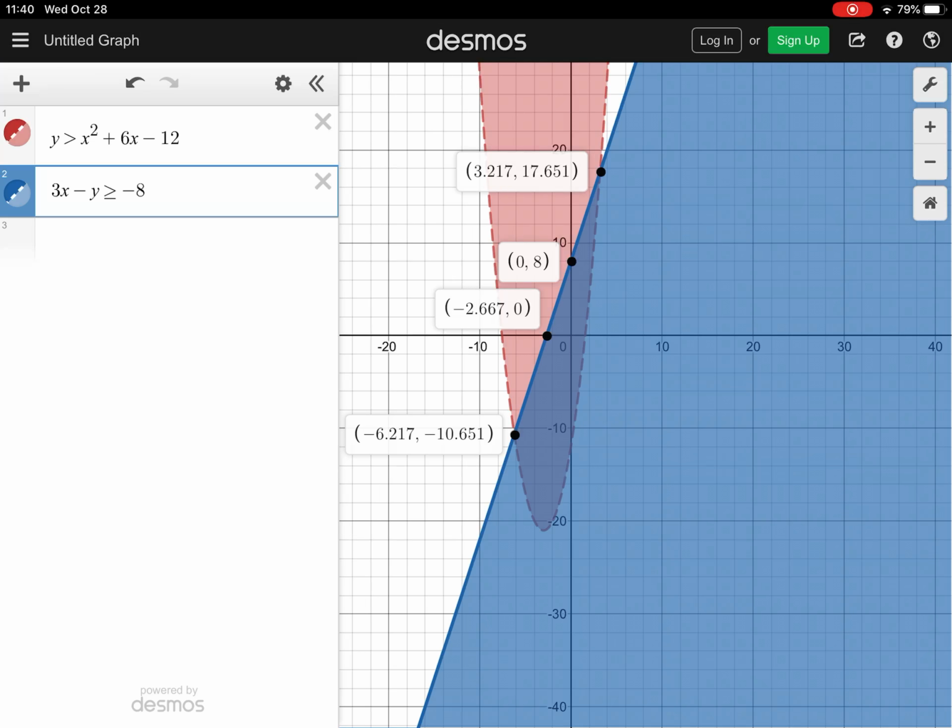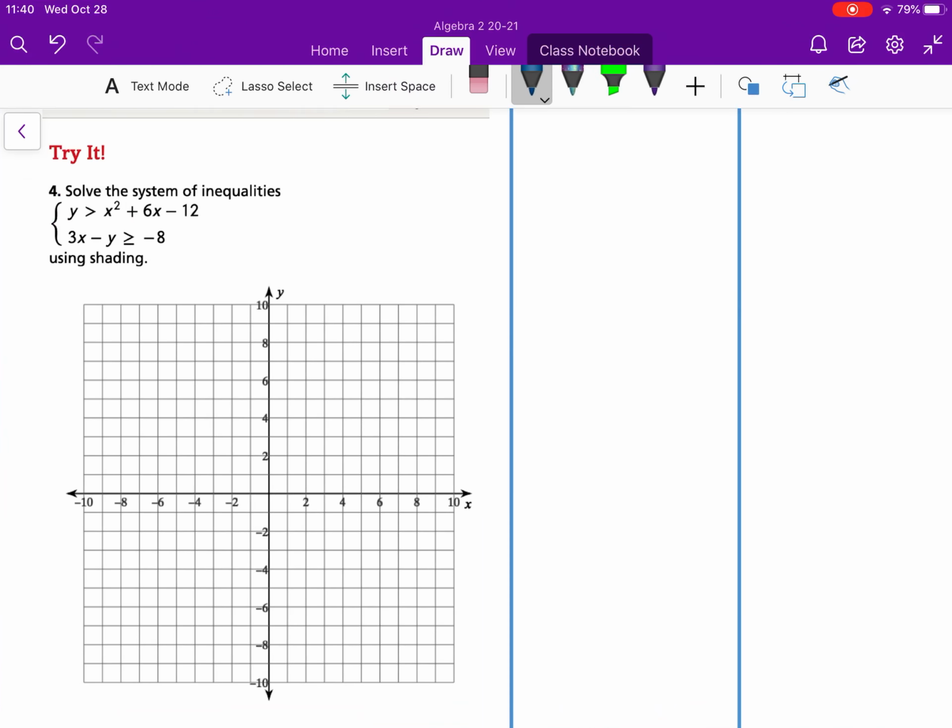And then I want to sketch the picture the best I can. Now, my numbers are off, obviously. So what if I made these count by 2s instead of 1? So that would be negative 4. Hold on, try that again.